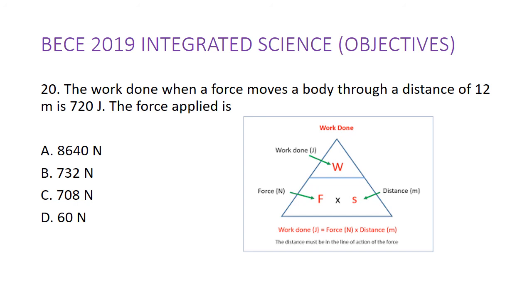Work done is 720 and the distance is 12. So we look at 720 divided by 12, and the answer is 60. So the answer is D, 60 newtons.